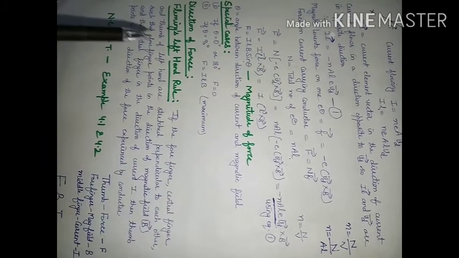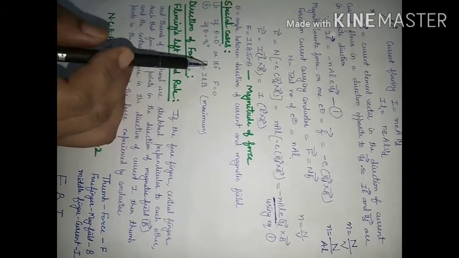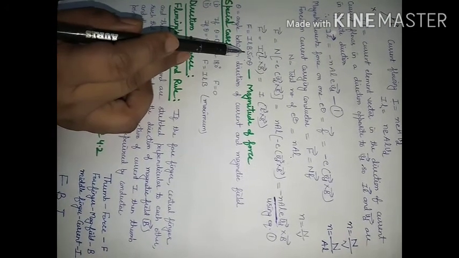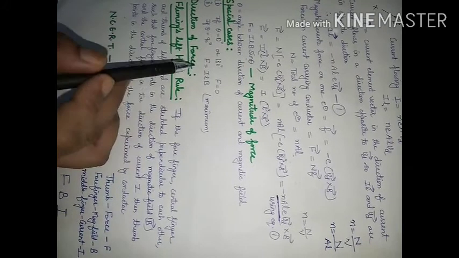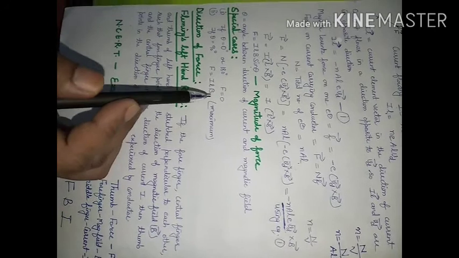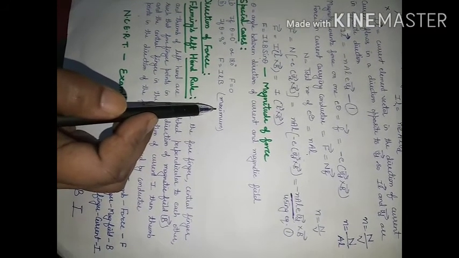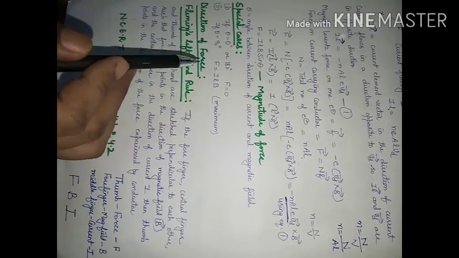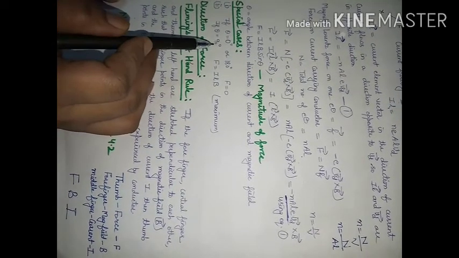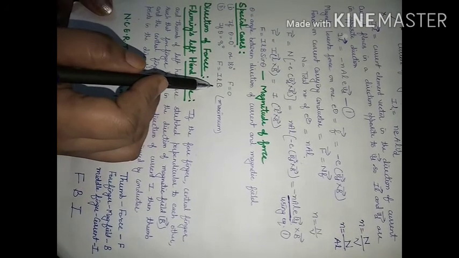If I consider theta equal to 0, then in that case the force experienced will be 0. If theta is 180, then also the force experienced is going to be 0. Maximum force will be experienced if this wire is kept perpendicular, or the current is flowing in a direction perpendicular to the direction of magnetic field.